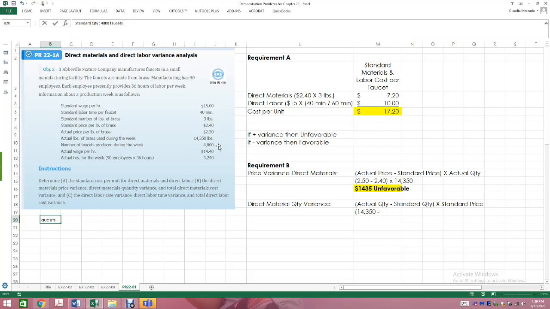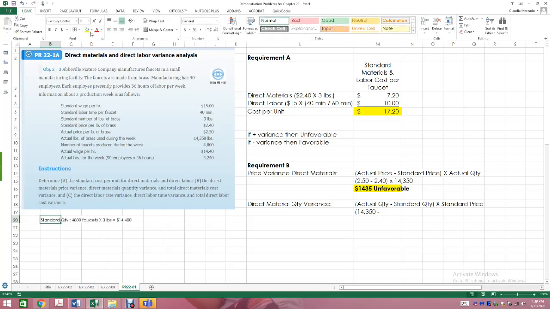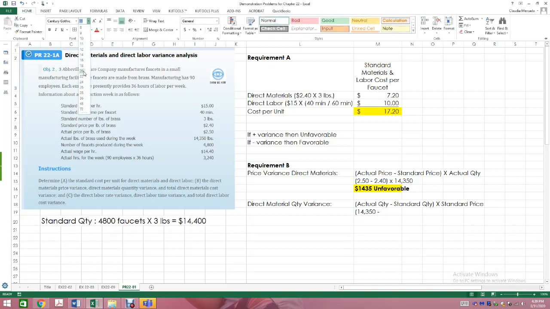And I know that it takes me 3 pounds, my standard number of brass, to manufacture each faucet. My standard number of pounds of brass per faucet is 3 pounds. So you multiply those together, and that should give you 14,400, okay? This is how you get your standard quantity.